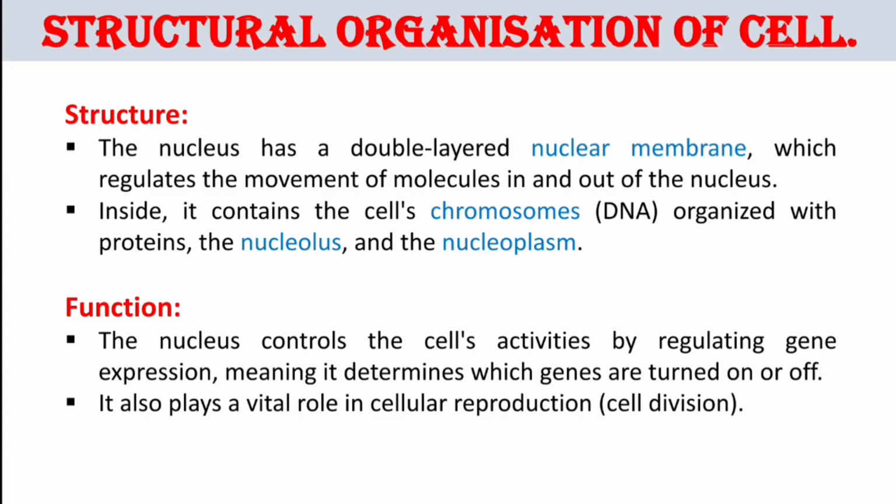And the function of a nucleus: we have already discussed that the nucleus controls the cell activities by regulating gene expression, which means it determines which genes are turned on or off, and it also plays a vital role in cellular reproduction or cell division, right?